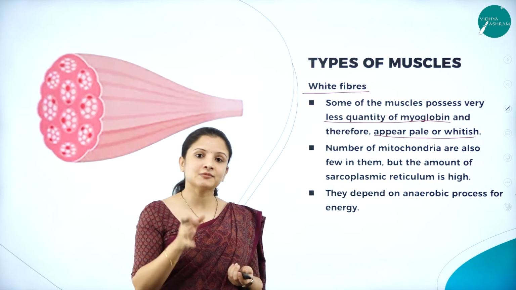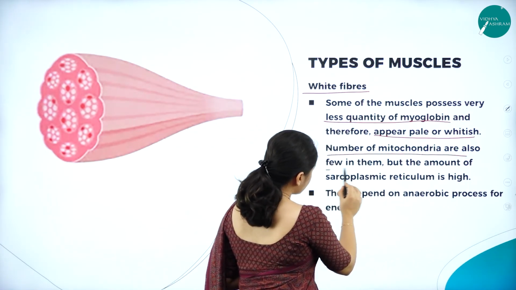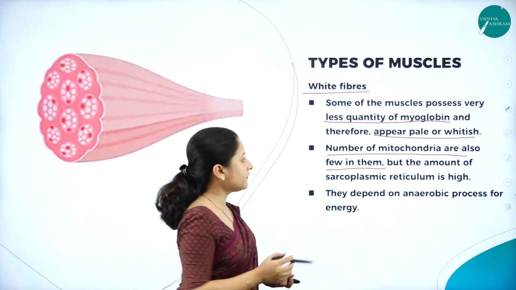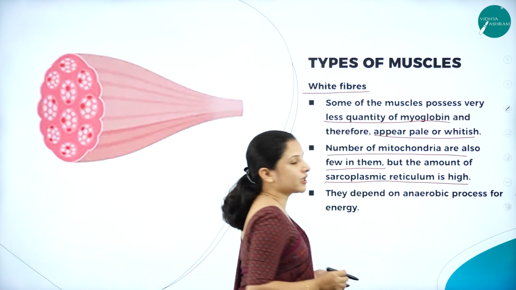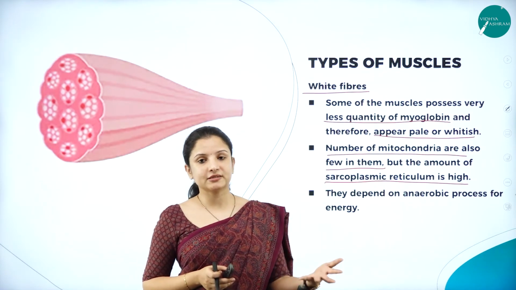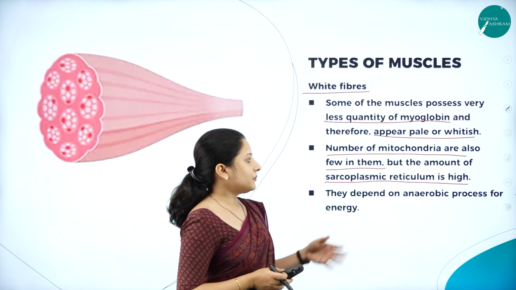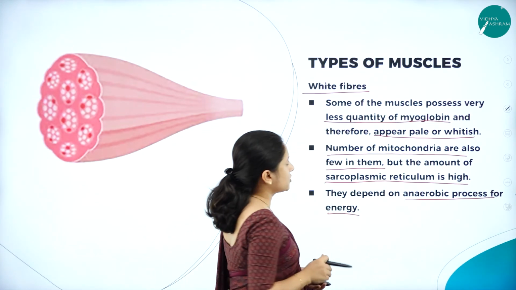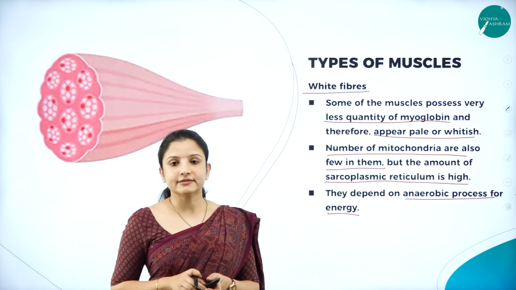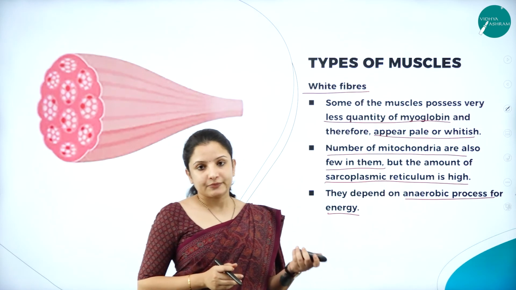Therefore, there are fewer mitochondria in these muscles, but the amount of sarcoplasmic reticulum is very high in them. Where is the sarcoplasmic reticulum present? It is present in the sarcoplasm of the muscle fiber, and they depend on anaerobic process for energy. That is why it can also be called the anaerobic muscle. So this was about the two types of muscles.